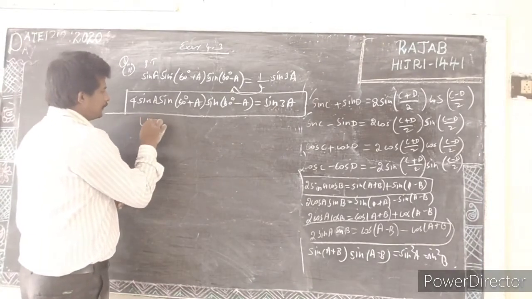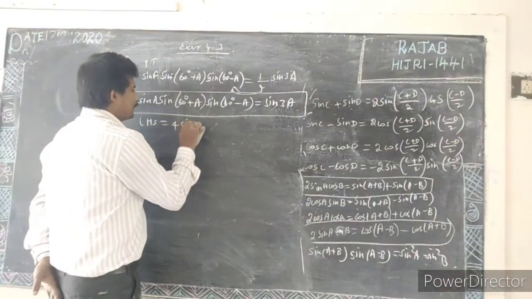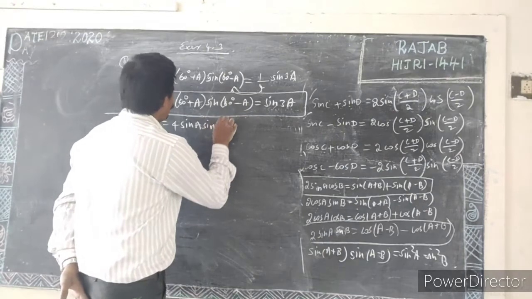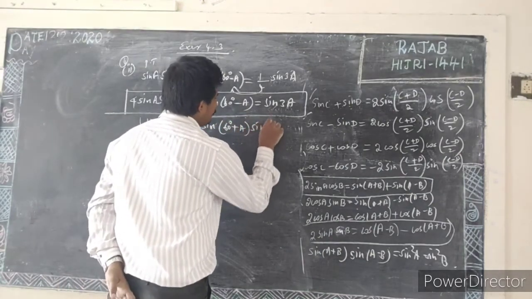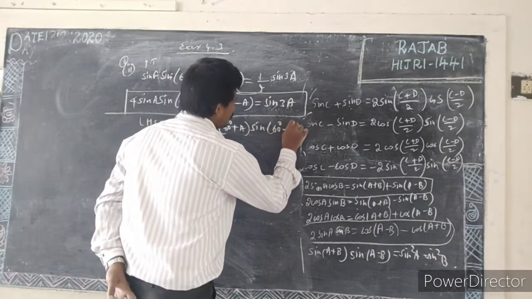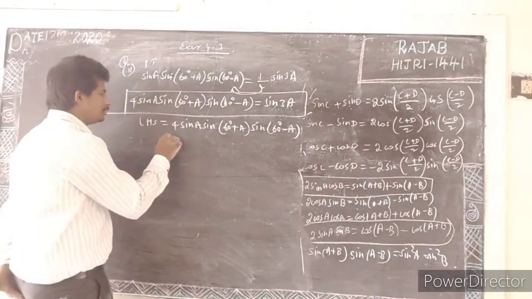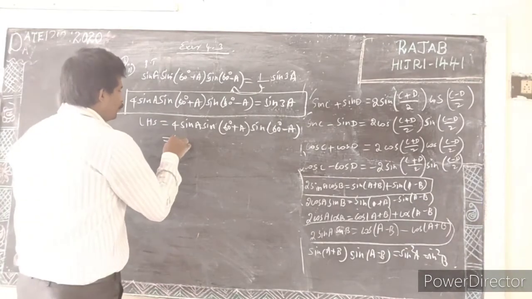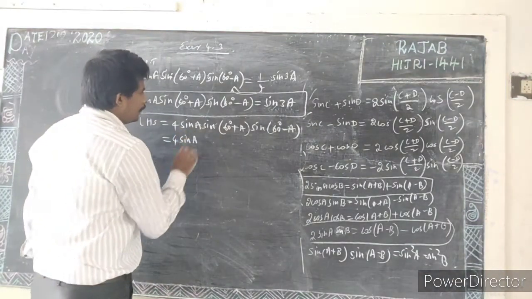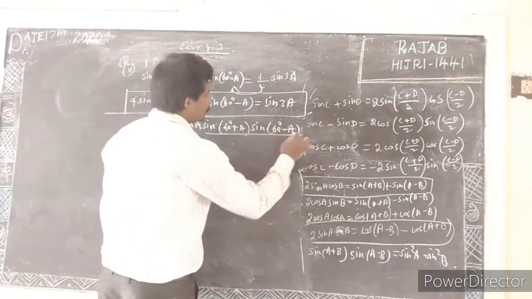So LHS equal to 4 sin A sin of (60 degree plus A) into sin of (60 degree minus A). Now, look at these two terms.